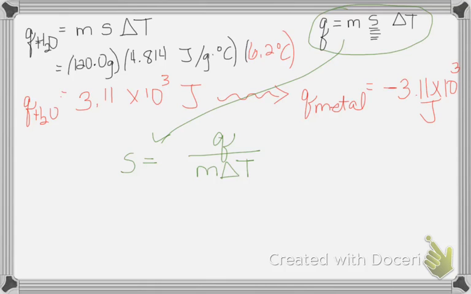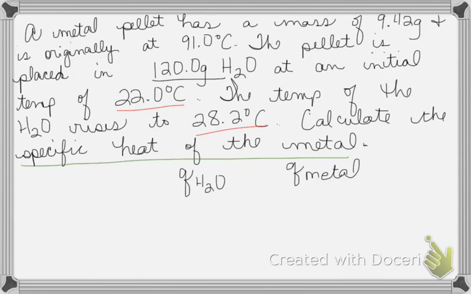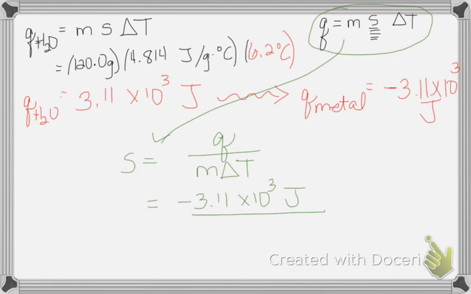What is Q? Heat for the metal. What is the heat for the metal? Negative 3.11 times 10 to the third joules. What's the mass of the metal? 9.42 grams.